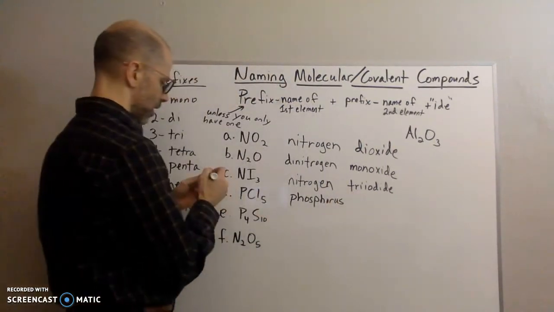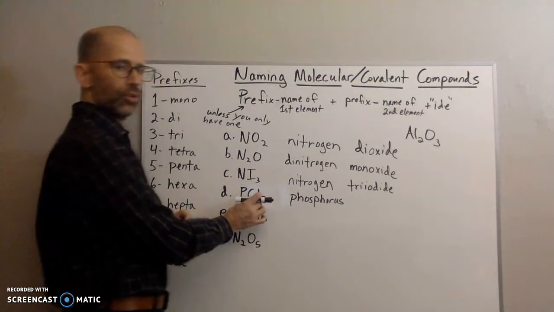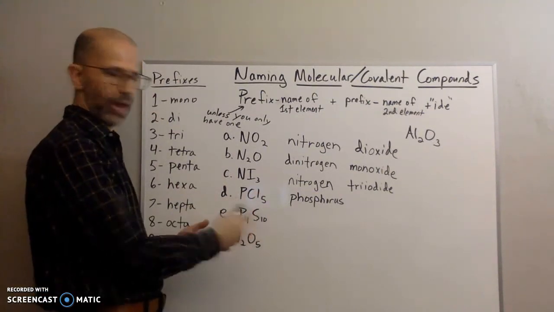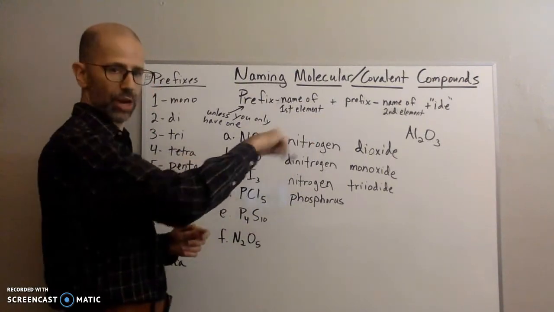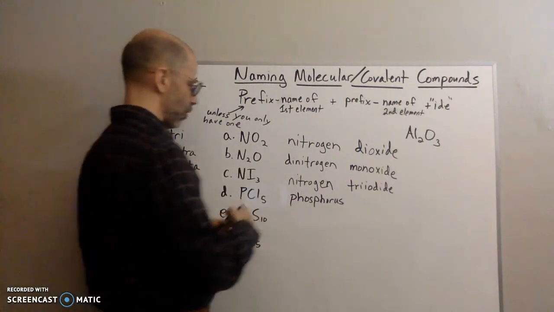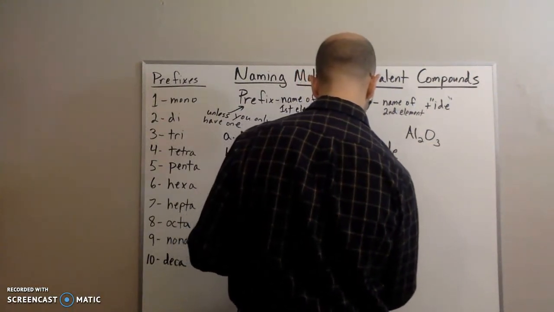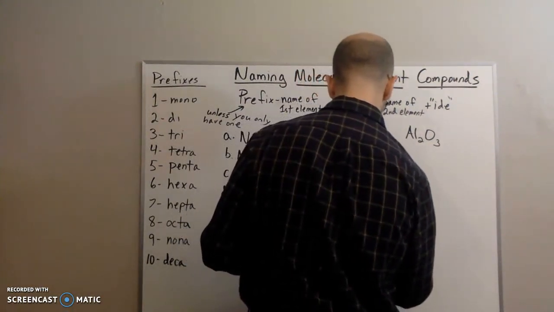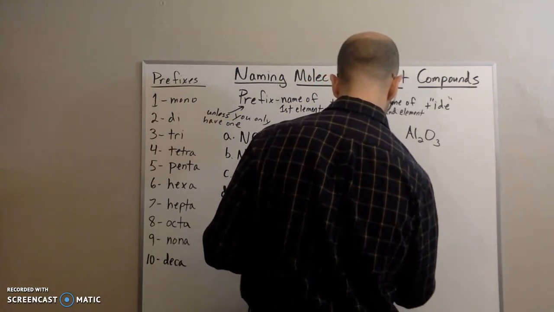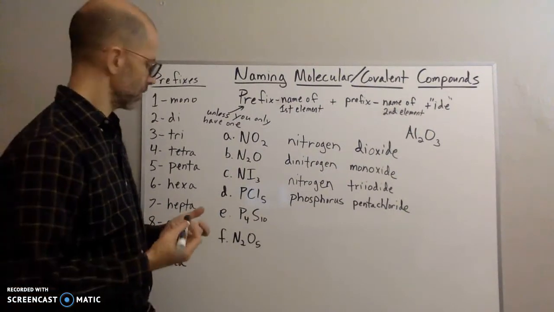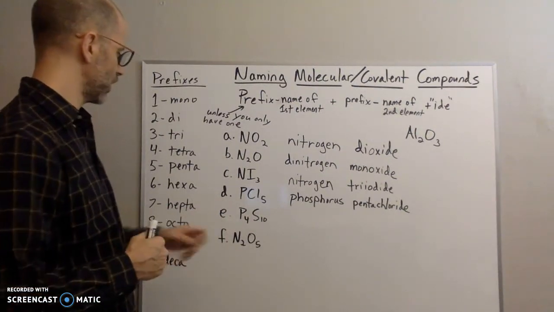And again, if this was an ionic substance, I would say chloride, so I'm going to use chloride because I have to drop the ending like I did before. So this is going to be pentachloride. That's it. That's the name. Let's go to the next one.